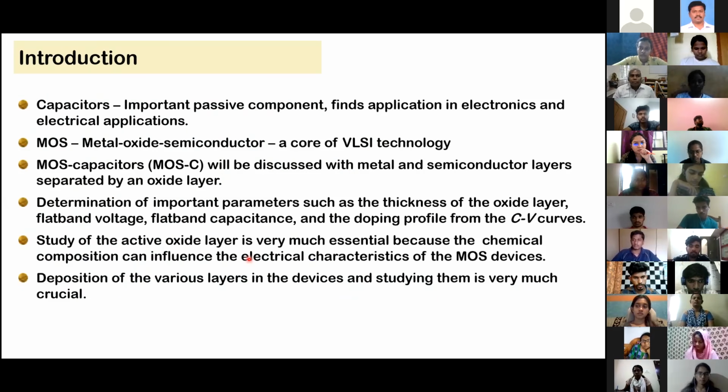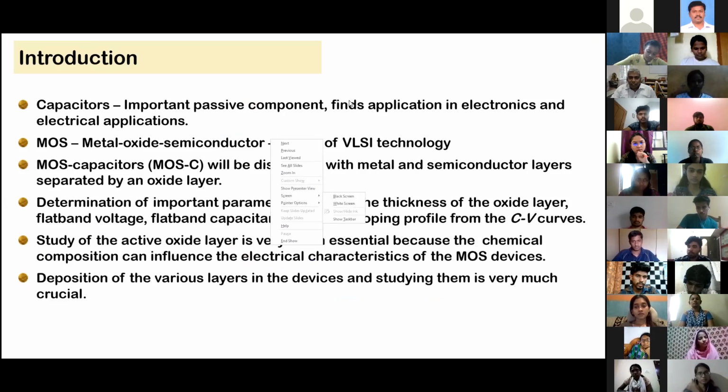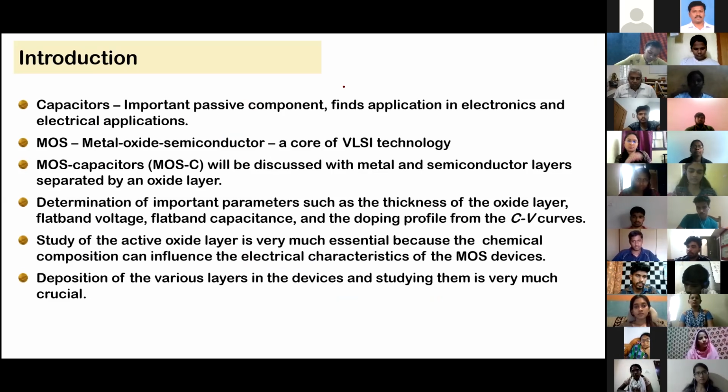Okay, yeah. So in the introduction part, capacitor, we know this. I'll go to the writing mode because you're all regular students. I prefer to write on it with different colors maybe. So the capacitors, when we talk about, we know that it is a passive component.